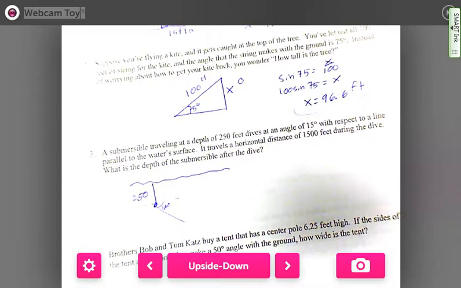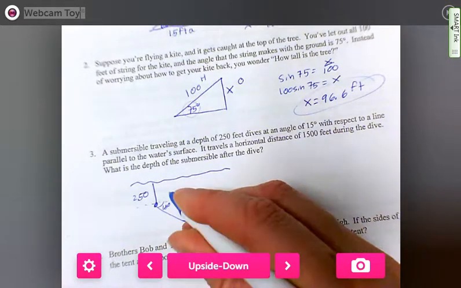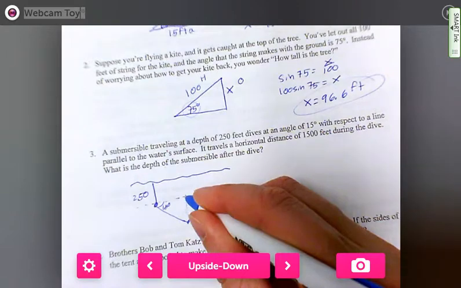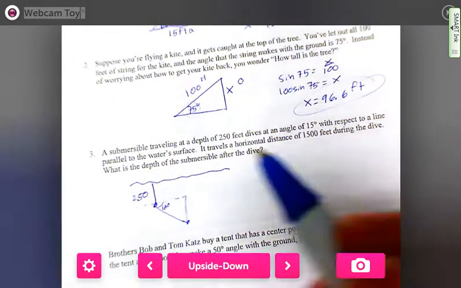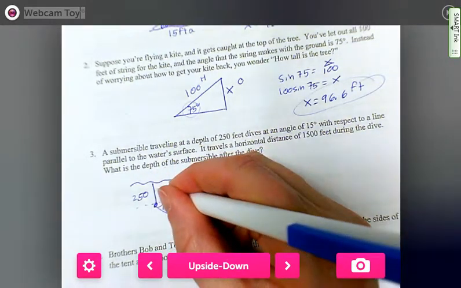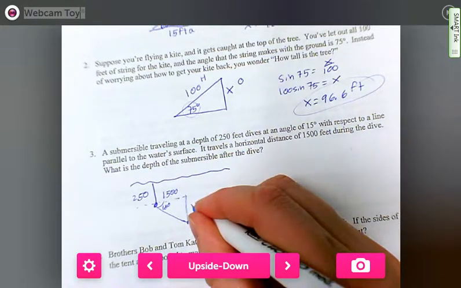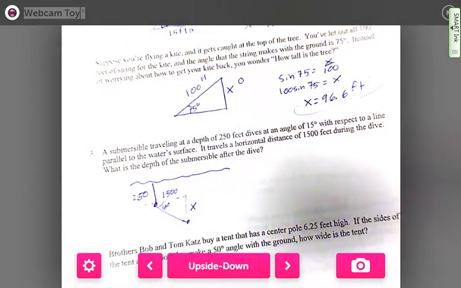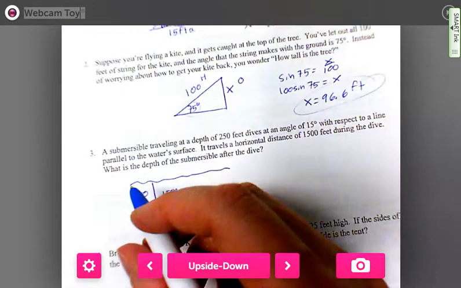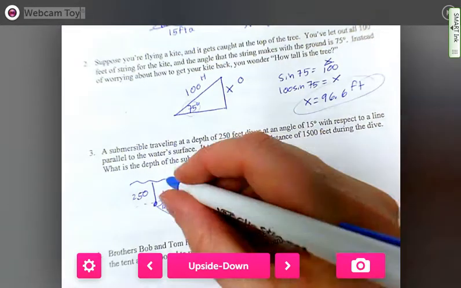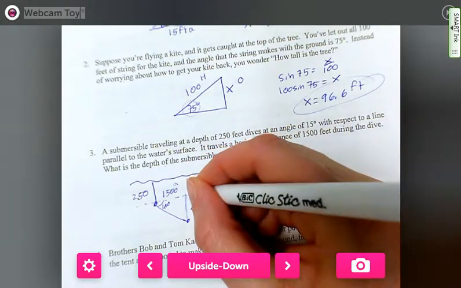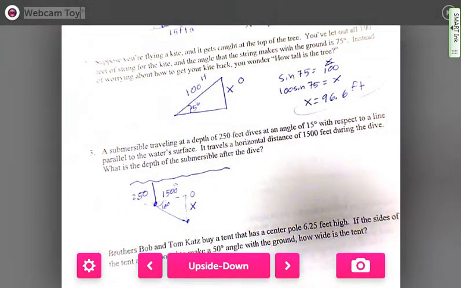And then we're right here. So I want to know if we've traveled 1,500 feet, how far down I am. So whatever my answer is, I need to add how much to it? 250. Okay? This is my adjacent. This is my opposite. That's a weird problem.